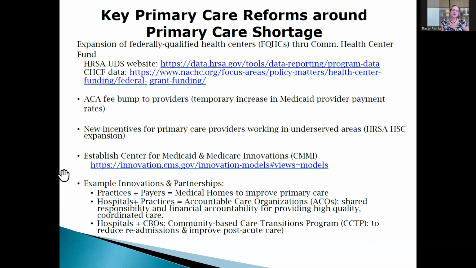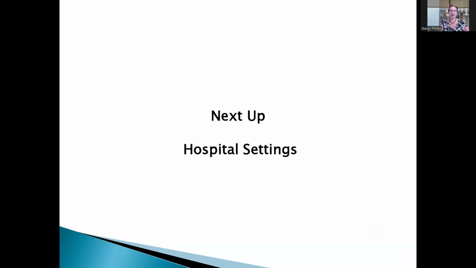There was the establishment of the Center for Medicare and Medicaid Innovation Center, and there are all kinds of partnerships. So again, this is beyond the level that we're going to talk about in this class. But if you're interested in what we're doing about this shortage, these are some resources you can explore. And finally, next up, we will be talking about hospital settings.